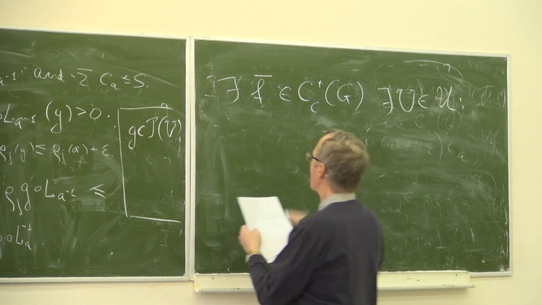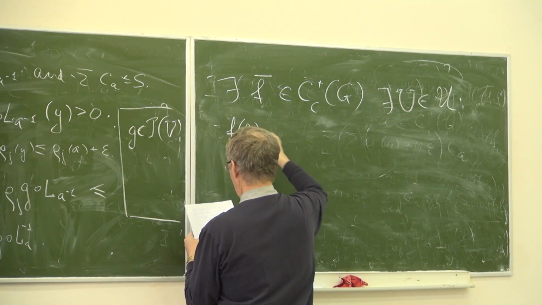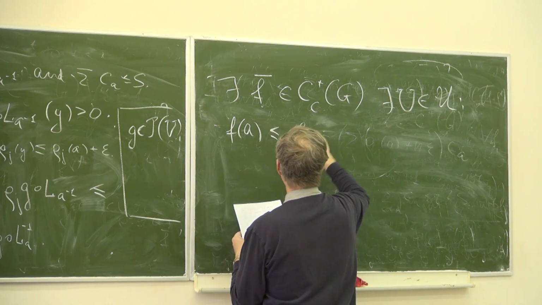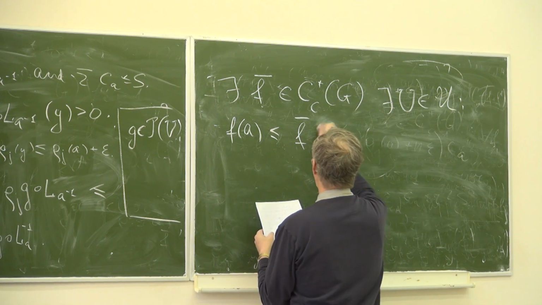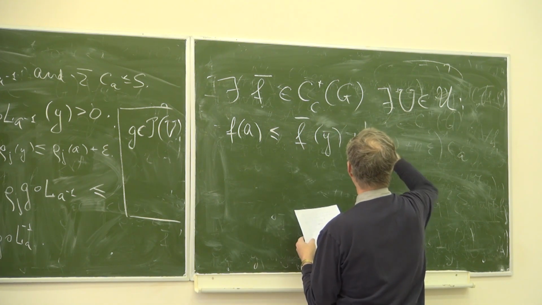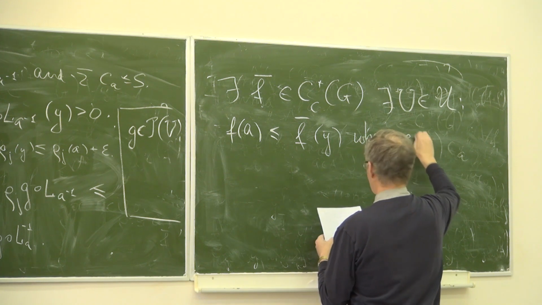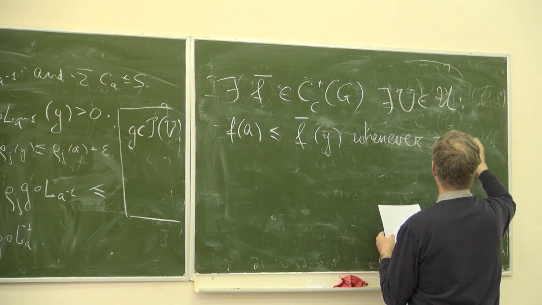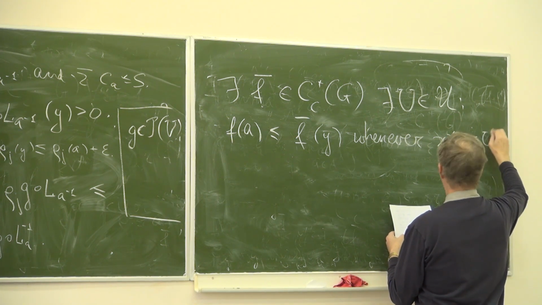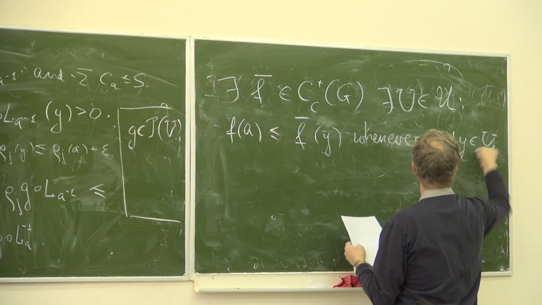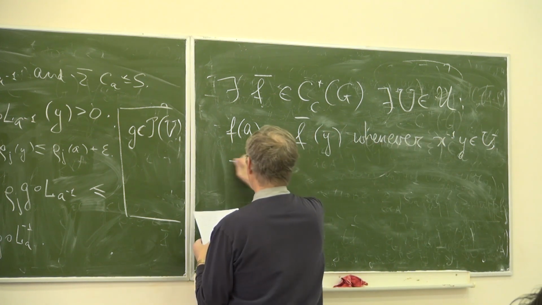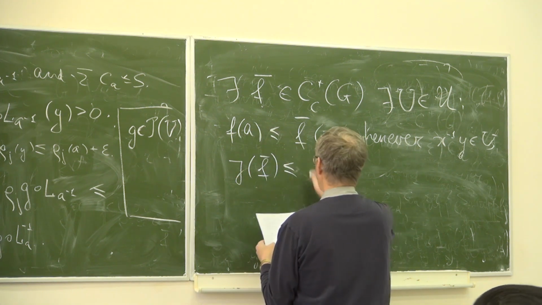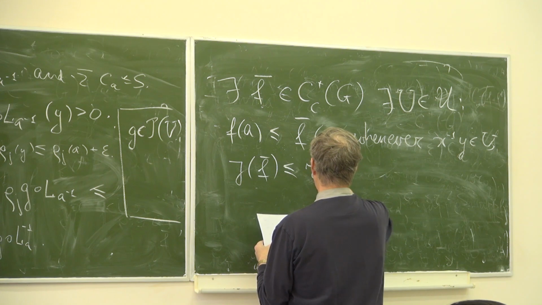Such that f of x is dominated by f bar of y whenever x to the power minus 1 y is in U, and moreover g of f bar does not differ much from g of f.